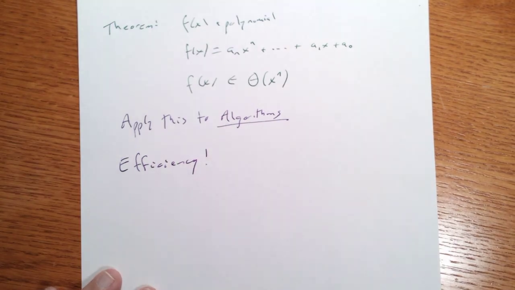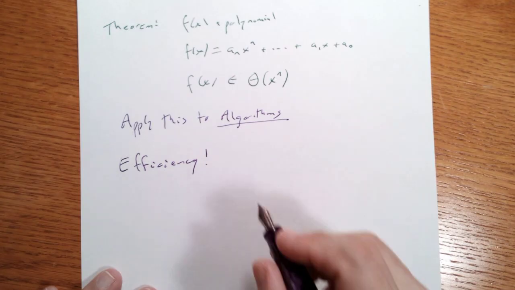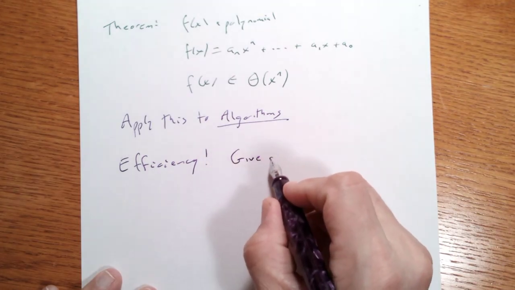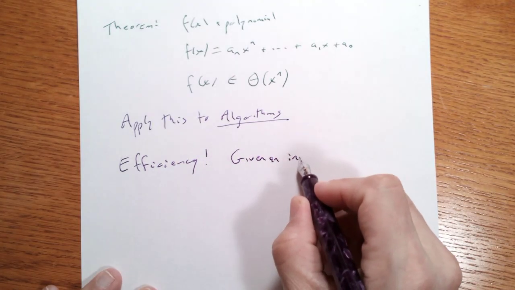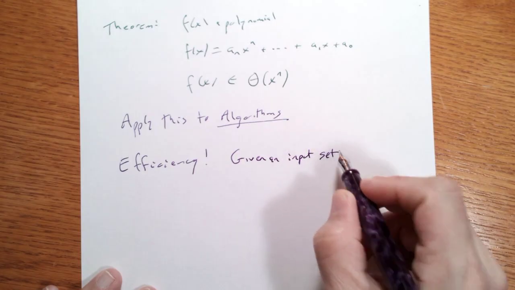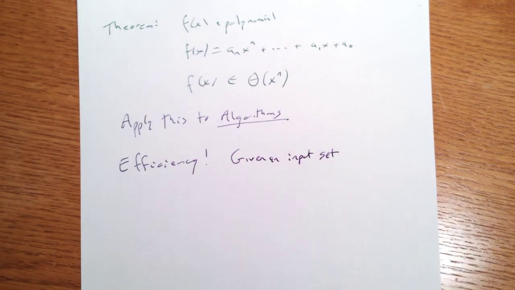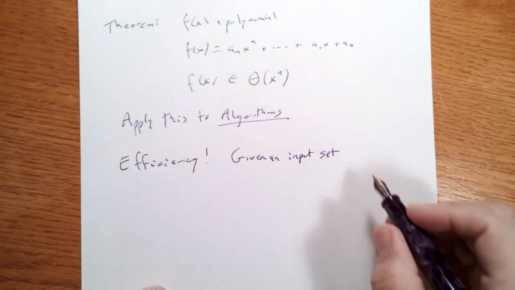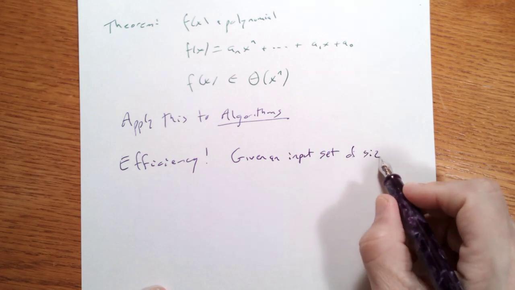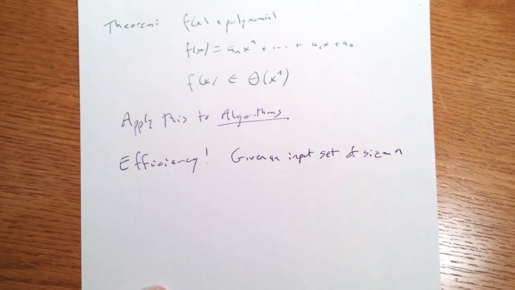We can actually measure two different things. Given an input set, remember, when we were doing our search algorithms, our sortings, whatever we were doing, we looked at the size of the number of things going in to figure out what we were going to do. So let's say we have an input set of size n.